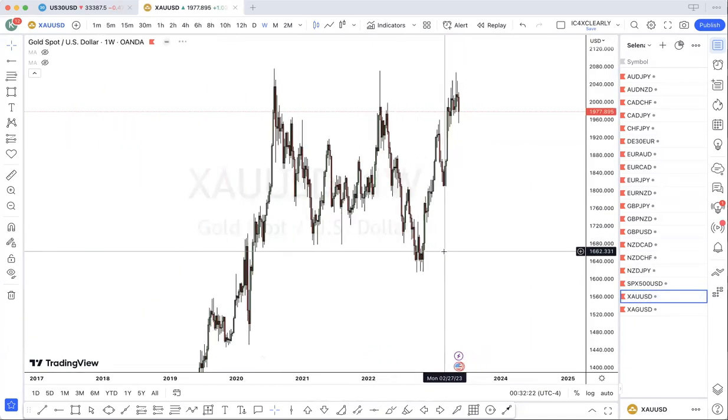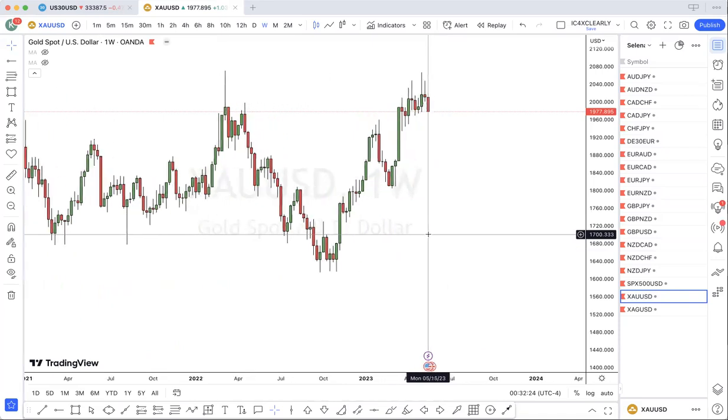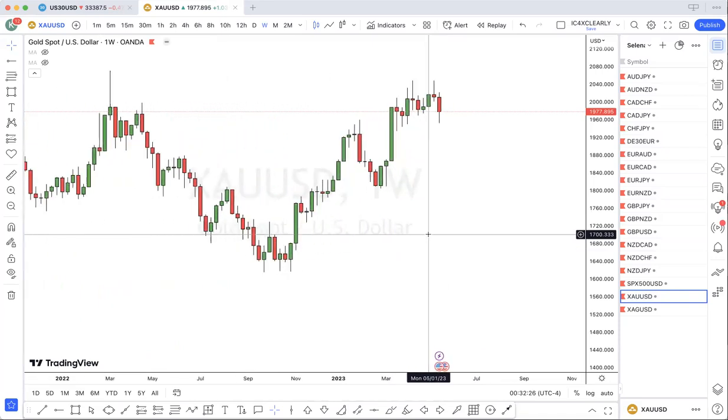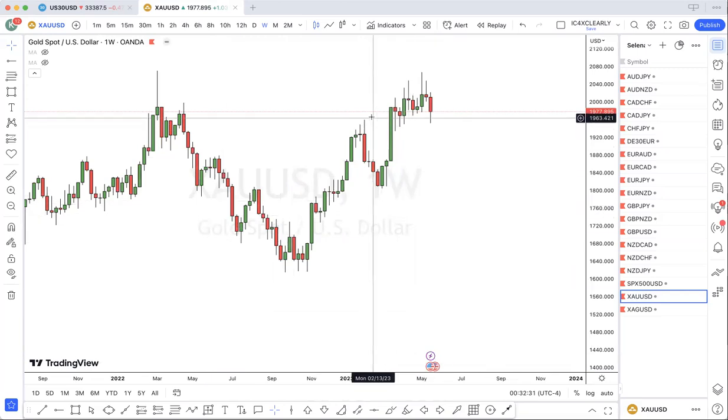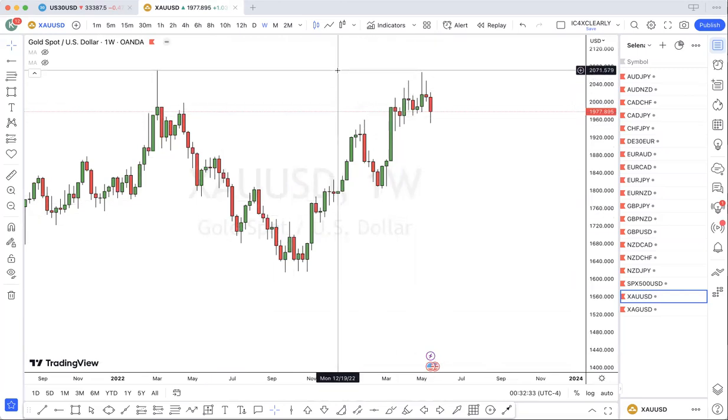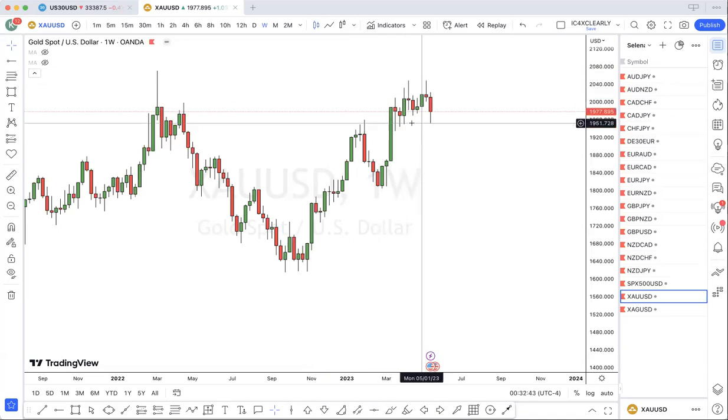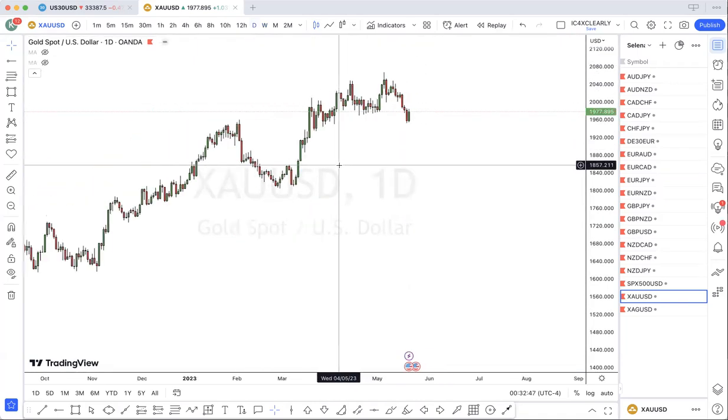Next we have gold. Gold has a weekly bearish order block. Price did not take out that high, created a swing high, and we're going to go down to the daily.